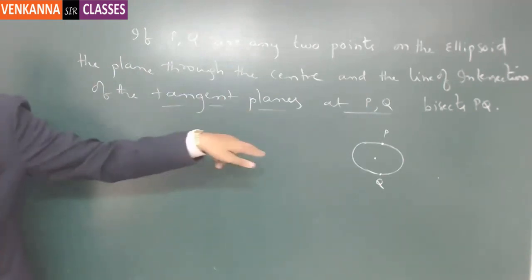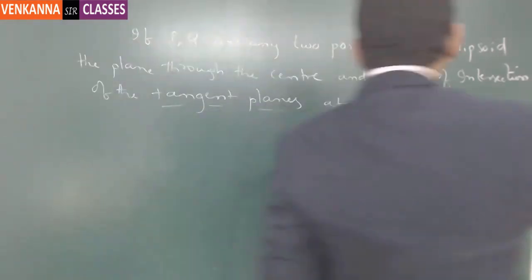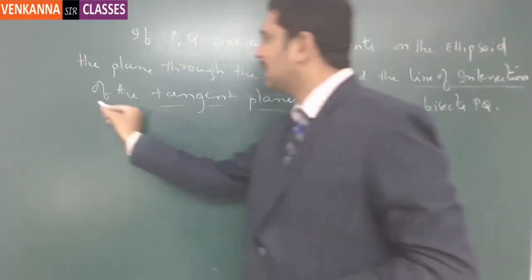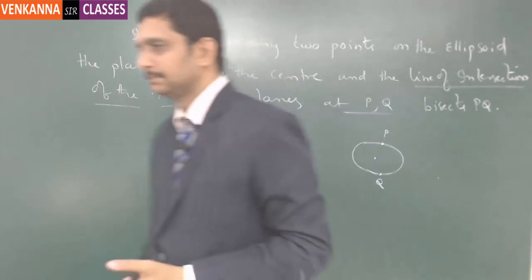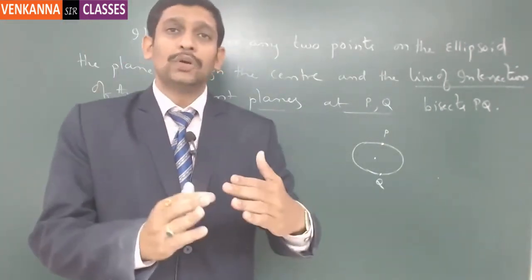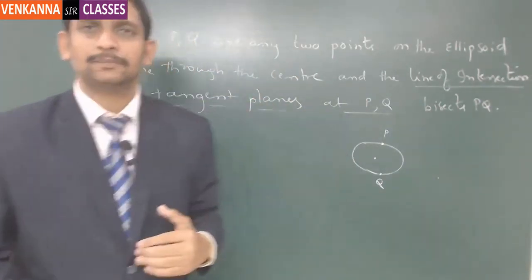At Q, I am taking a tangent plane. And one interesting thing is, I have to take the line of intersection of the tangent planes. In other words, the 2 tangent planes are intersecting, there you will get a line.